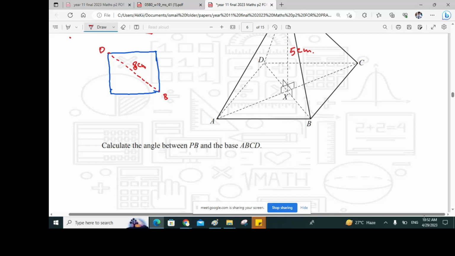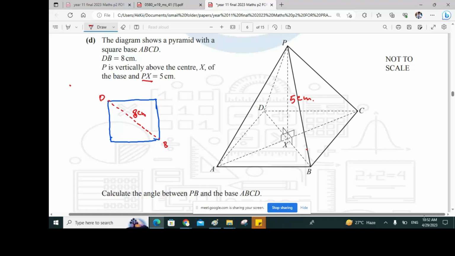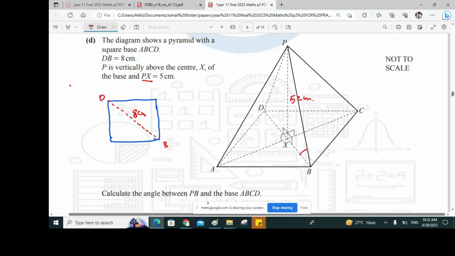From this 3D diagram I can show you that I have to find out this angle, between the base, that is, if I again make the DB base, I can show you that this is the DB base I am referring to, and this side which is going up, which is given as PX.